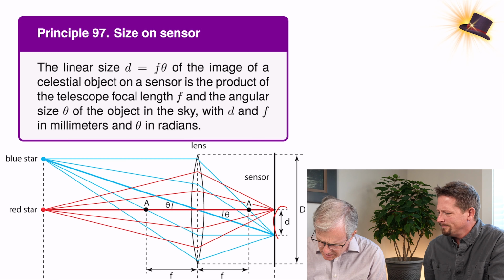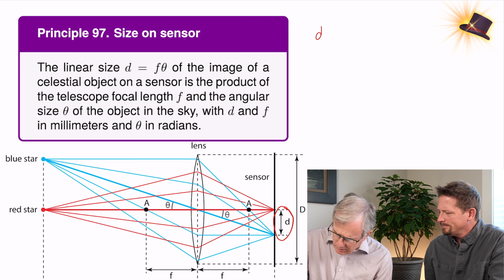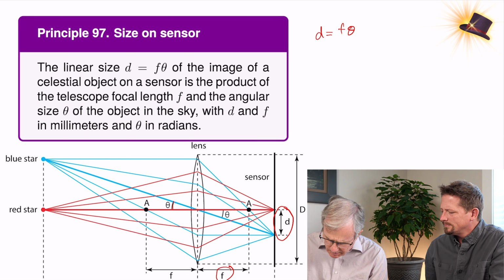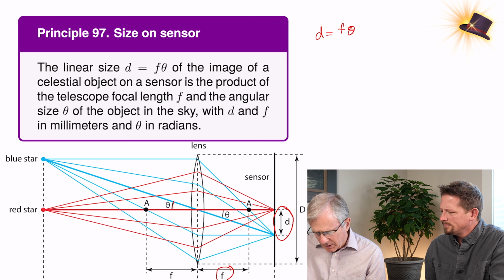So this says that the size of this image is going to be equal to the focal length, f, times the angle of the object on the sky.